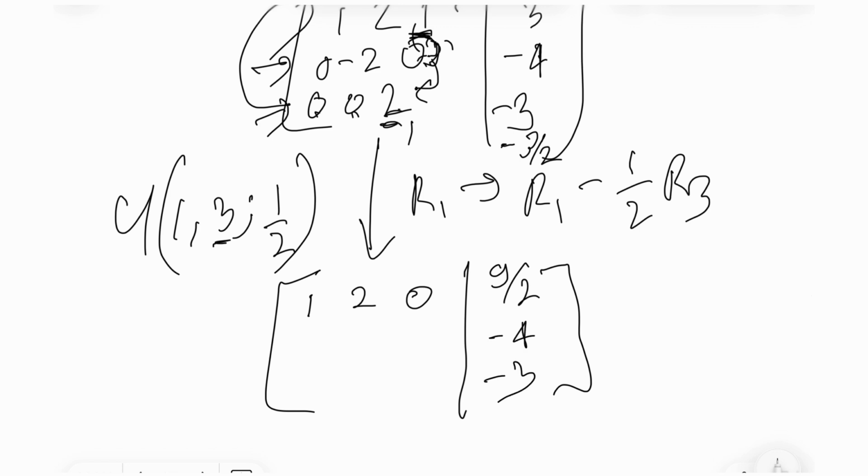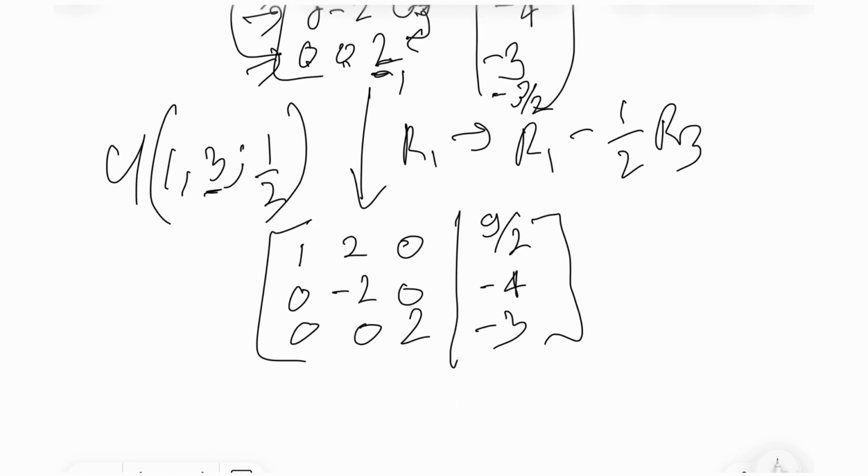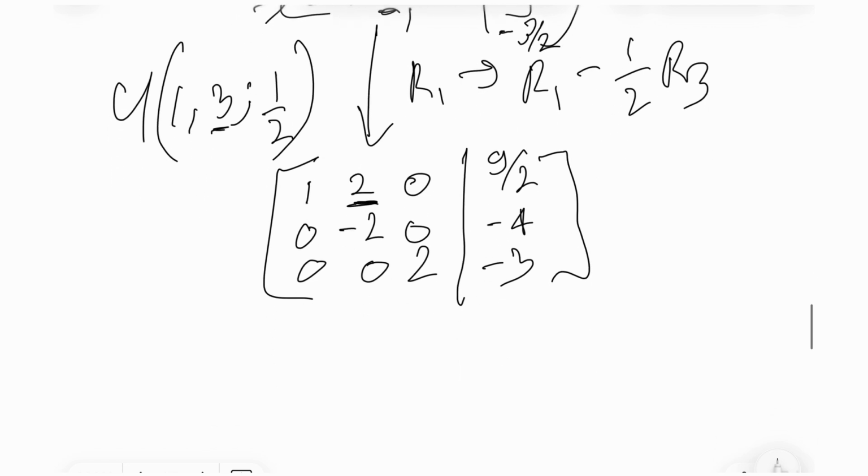The rest stays exactly the same. We are pretty close. Just need to turn this into 0. I think you can guess what we have to do. We can only use this. Minus 2, we need to get 2, so minus 1.